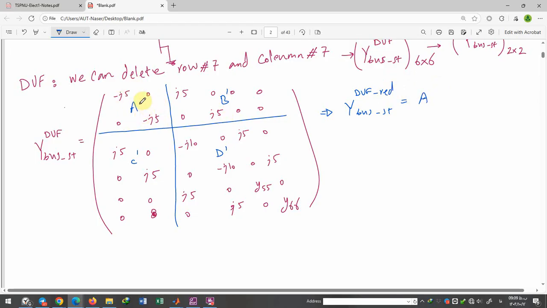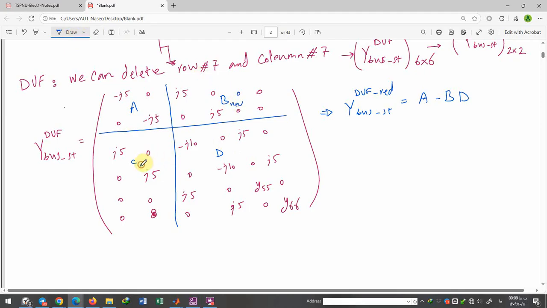So the B is changed, C is changed, D is changed. So we name them B prime, C prime, and D prime, or B new. I decided to rename B, C and D as new.